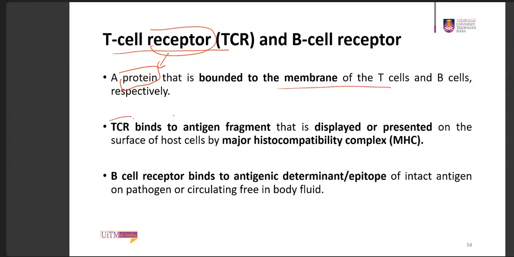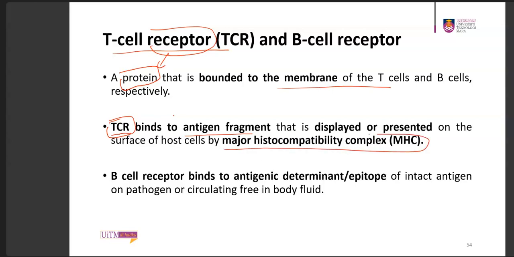So short form kita boleh panggil juga, untuk T cell tu adalah TCR, T cell receptor. The T cell receptor, or TCR, binds to antigen fragment that is displayed or presented on the surface of the host cell by the major histocompatibility complex.